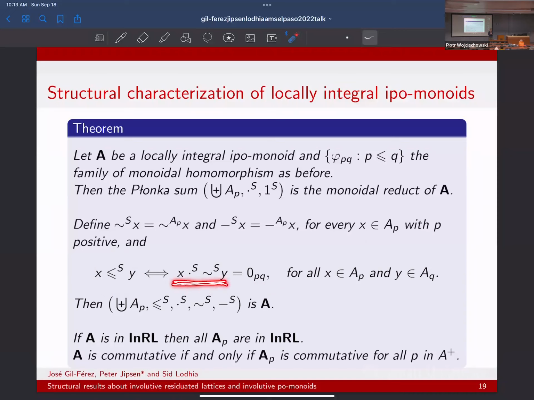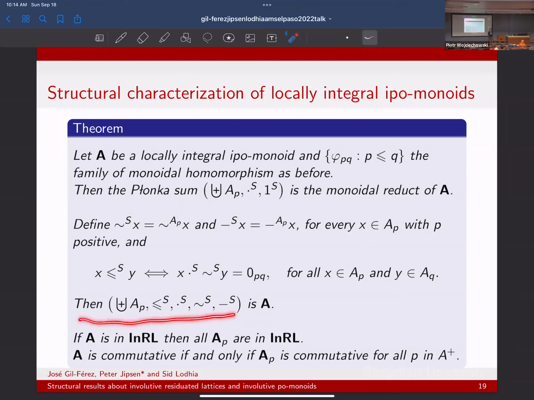Namely that X times the tilde of Y in this new structure S, where both of these things have now been defined, should give you the 0 of the, sorry, this should not be PQ, this should be just the 0 of Q, I guess. So excuse me, a couple of typos that we have to take care of, but I'll put the revised notes, slides out if you're interested.